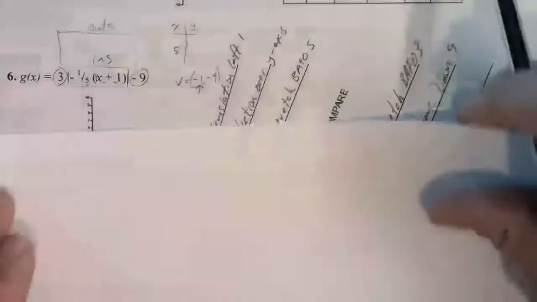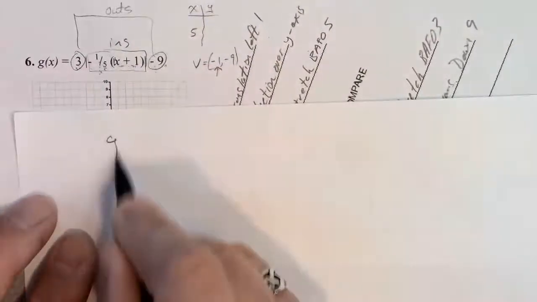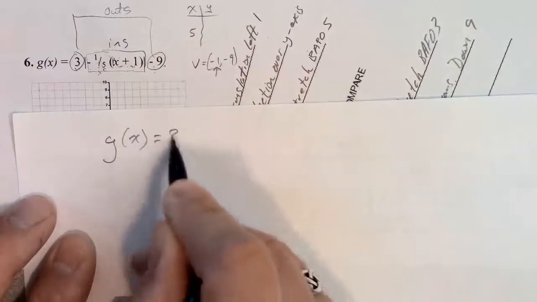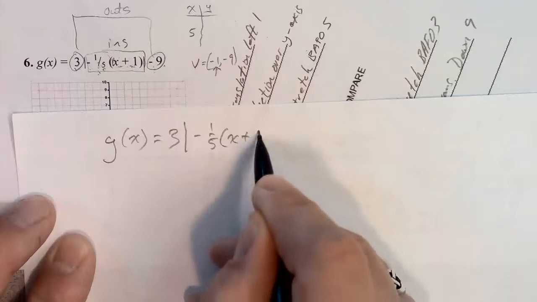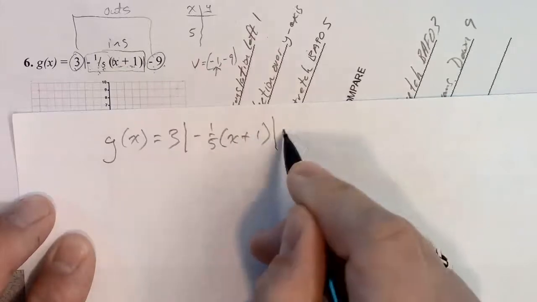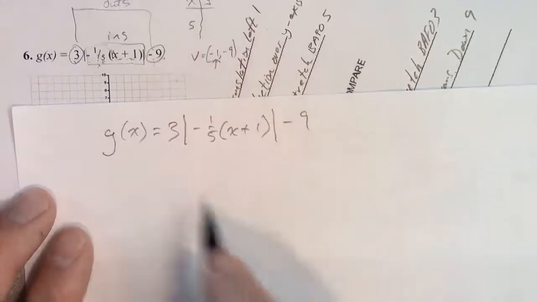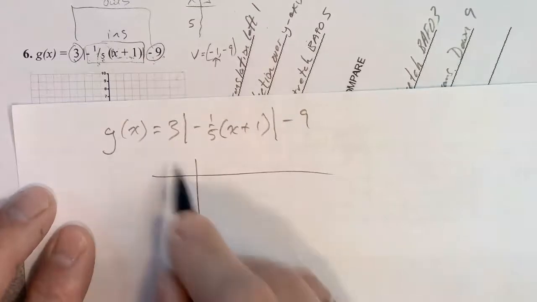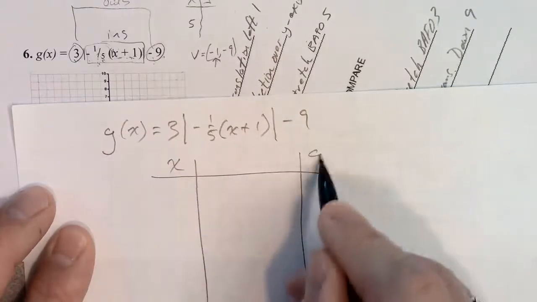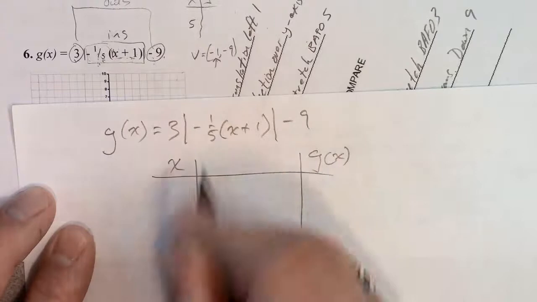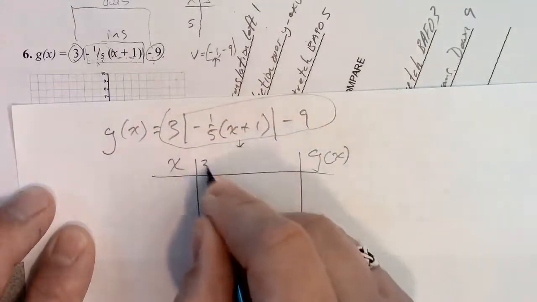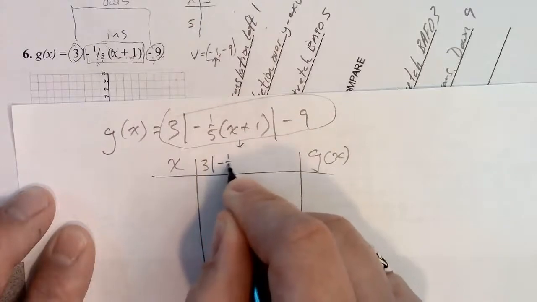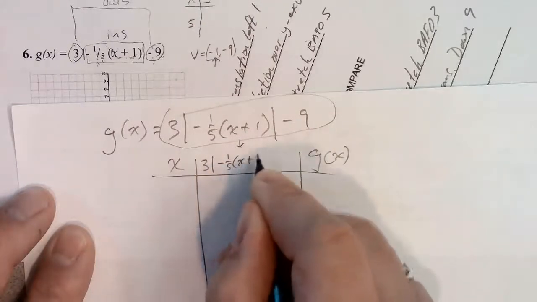If I have this function, g of x equals 3 times absolute value of -1/5 x plus 1 minus 9, and I'm doing a normal table of values, an x and g of x, an input and output, this is my rule that drops in right here.